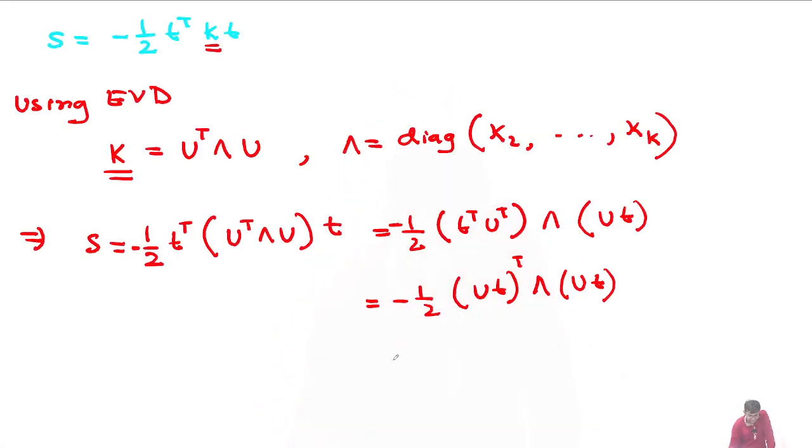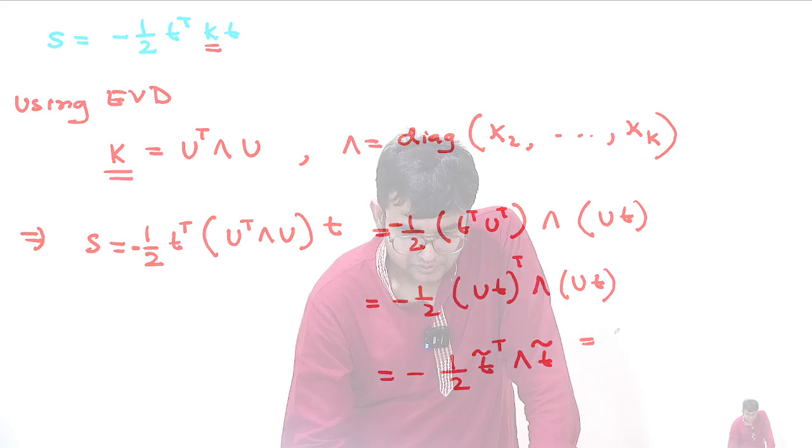So finally, minus half, this I am going to call T tilde transpose lambda T tilde, and now lambda is your diagonal matrix, correct? So what will this be equal to?